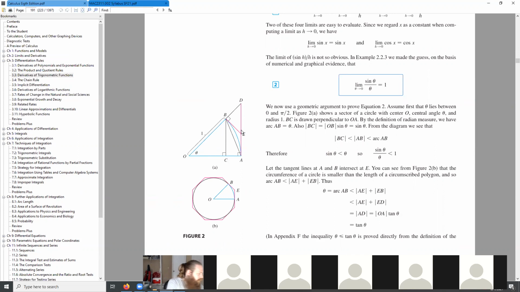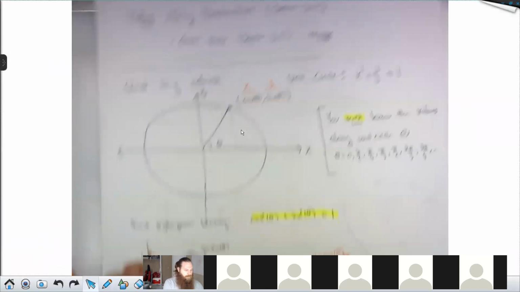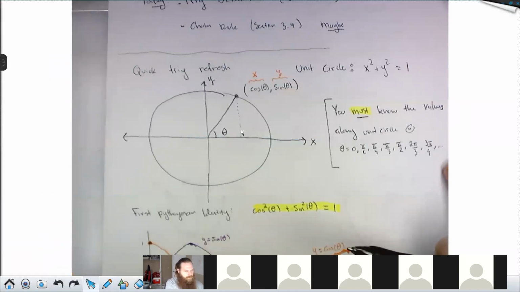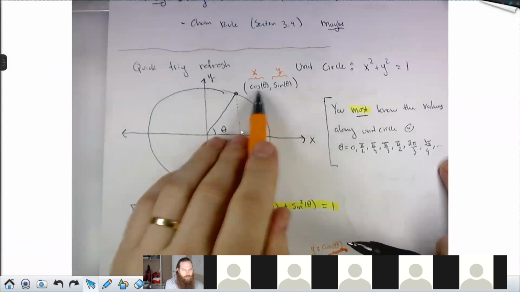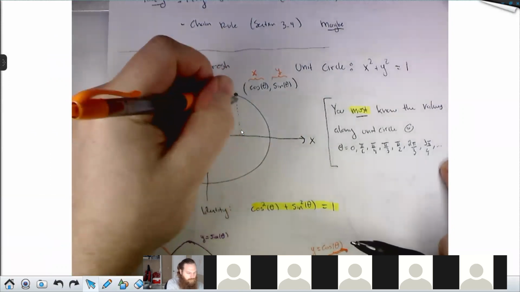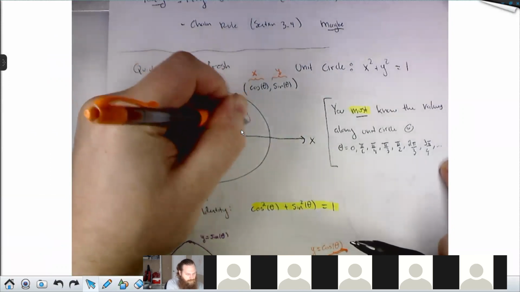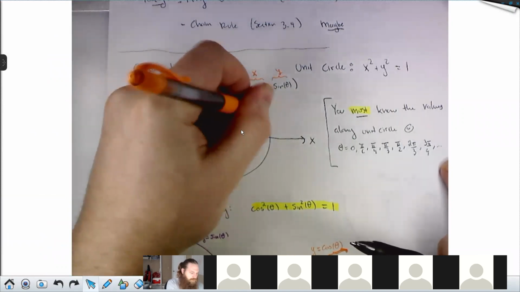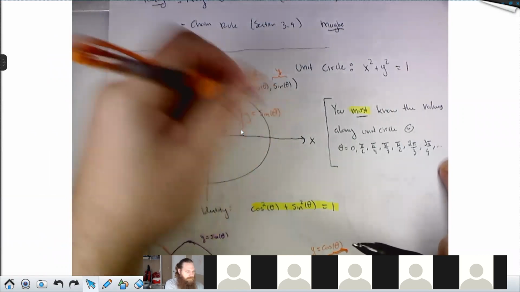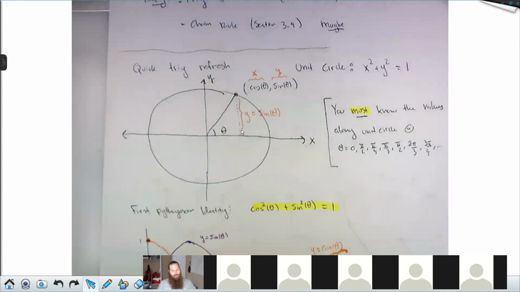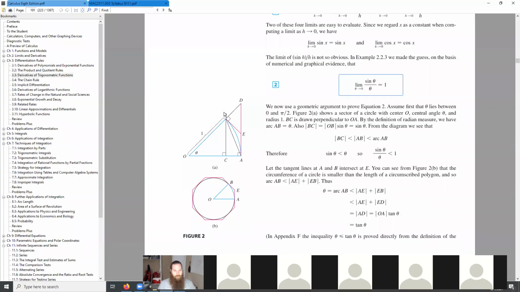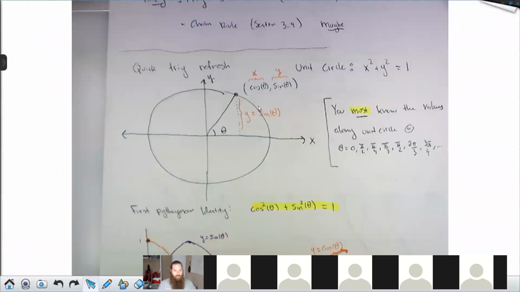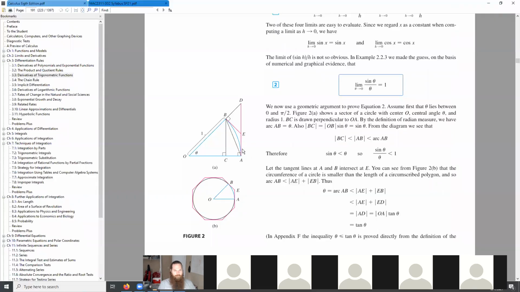All right, let's look back at our trig thing here. If this point right here is x comma y, then this is the y, which is sine theta. So that length BC is sine theta.